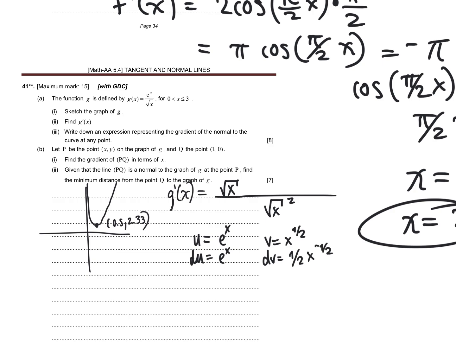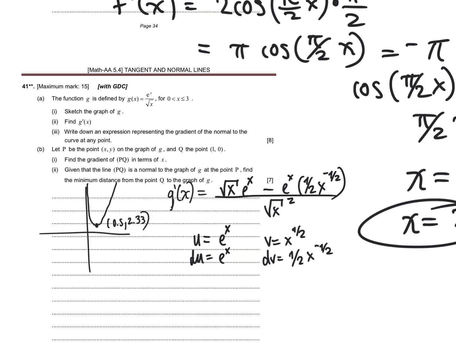All right, so we're going to have v times the derivative of u, and then minus u times the derivative of v. I'm not doing anything more because they don't ask for it.